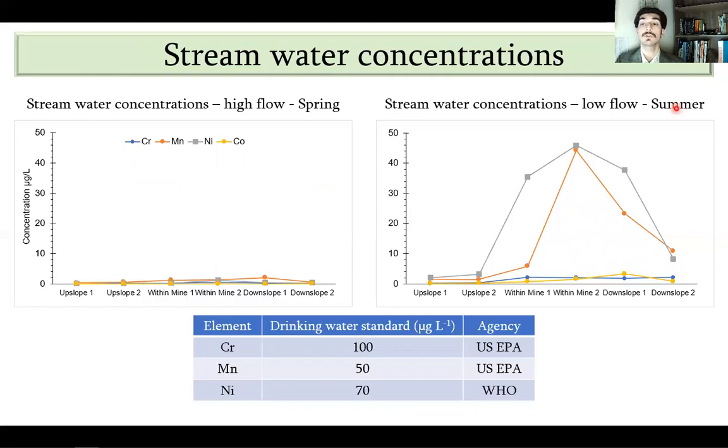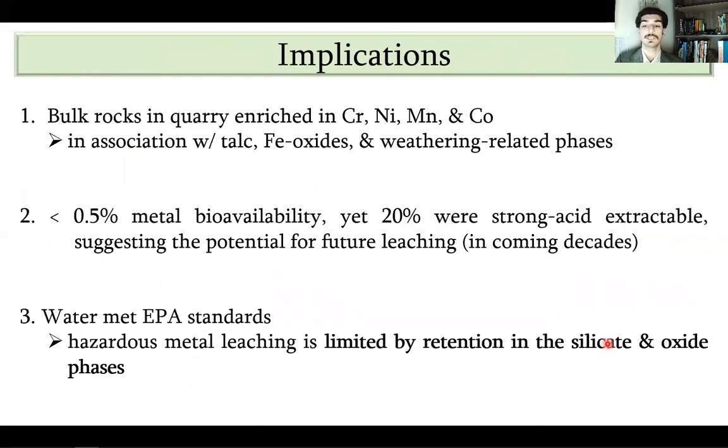However, during the summer, especially within the mine, we can see that the waters are highly enriched in particularly nickel and manganese. But despite this enrichment, the waters are within safe drinking water standards as prescribed by the EPA and the WHO. And so what are the implications here?